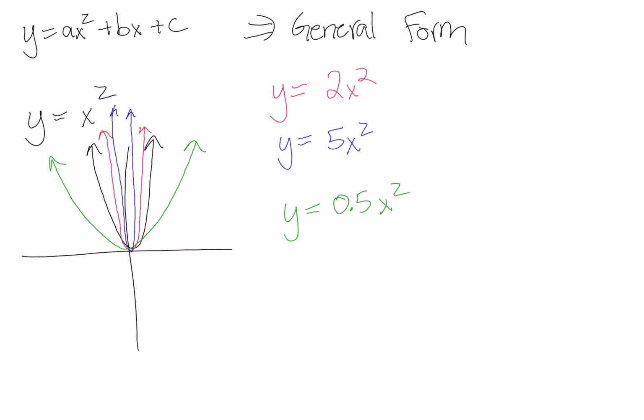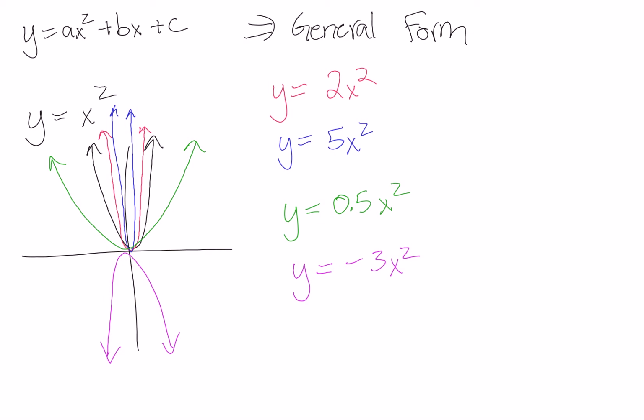Let's look at y equals negative 3x squared. So if you put that one on your calculator, the 3x squared makes it skinny, but the negative actually makes it go upside down. So you can see that the negative out front just makes it flip upside down. It's still a quadratic, it's just we say it opens downwards instead of opens upwards.